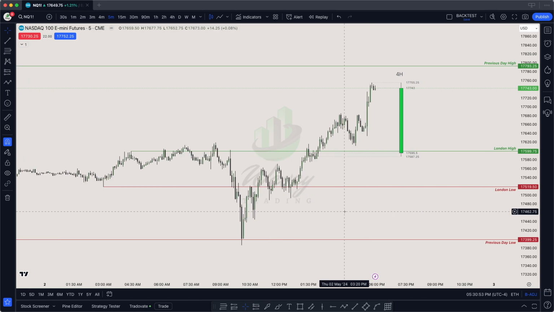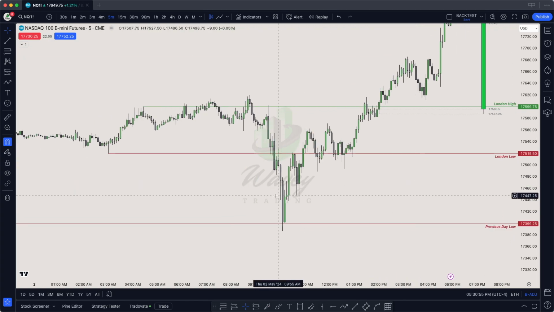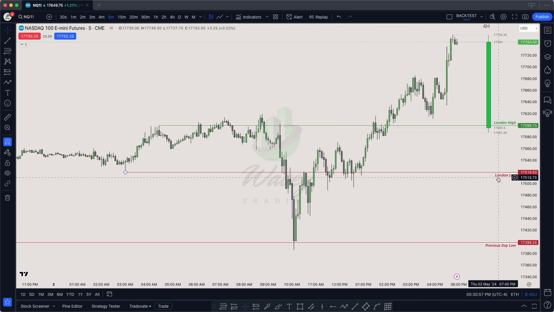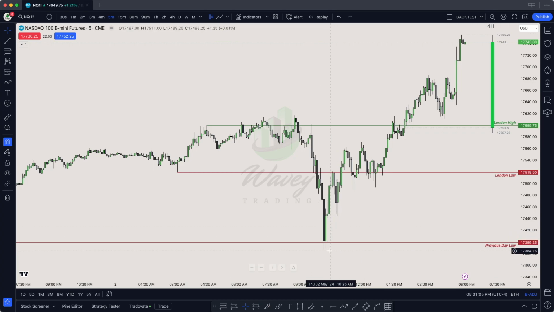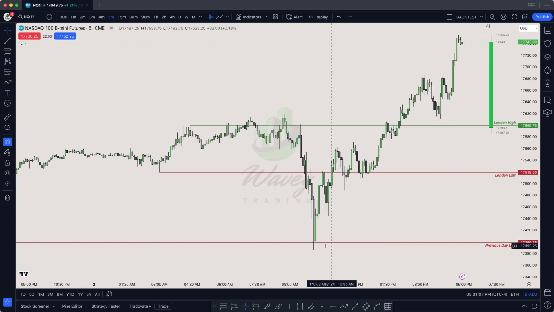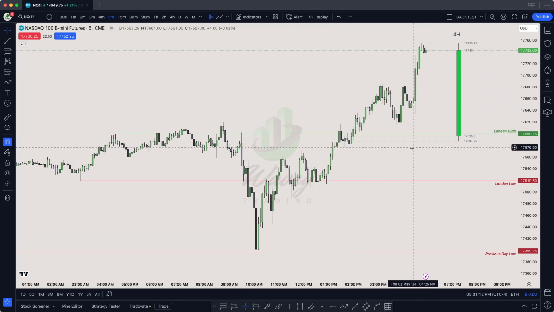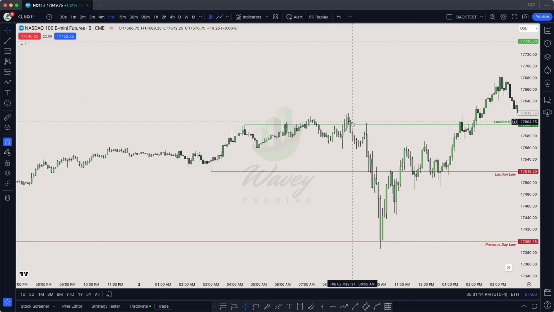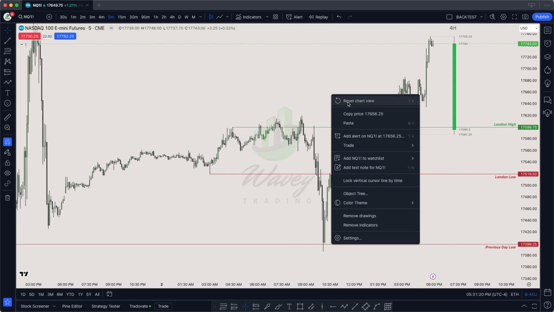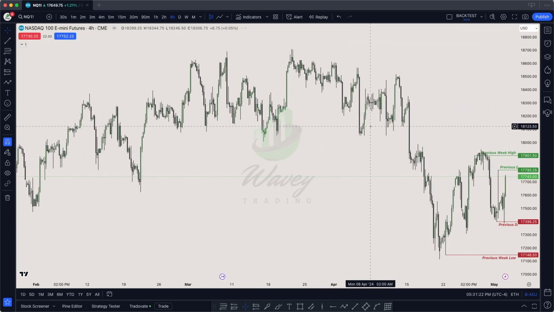So in this sense here, if the institution wants the price to go higher, they will dump it down, take out any sell stops sitting below this, and then move the market higher, right? And similarly here, if they wanted to take the market down, they would take out buy stops and then move the market lower. So that's pretty much it.